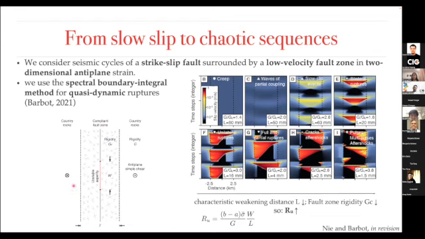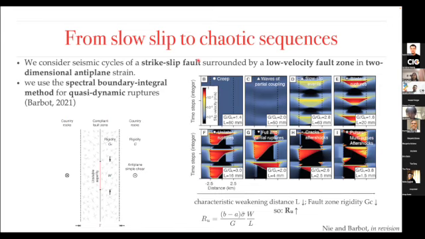The right-side plots here are the simulated slip cycles. The x-axis is the distance along the fault, and negative 2.5 to 2.5 kilometers is the range of the velocity weakening. The y-axis is the time steps. It's not time, it's time steps.